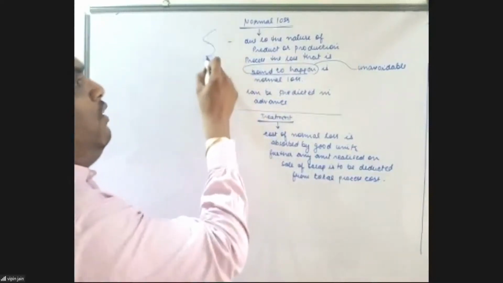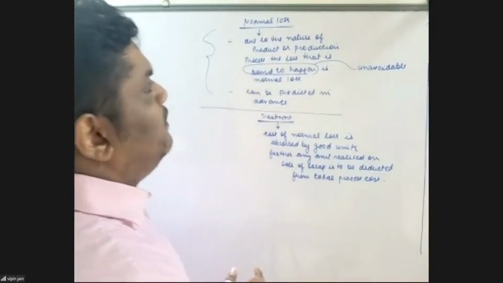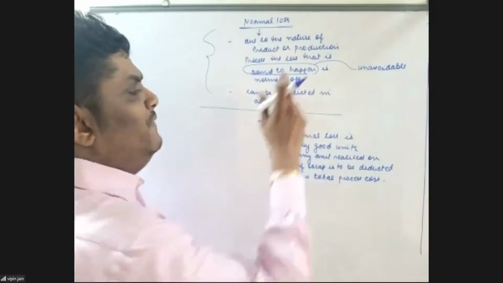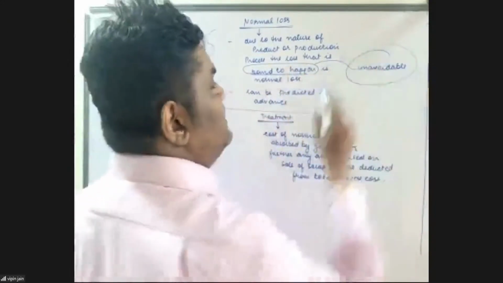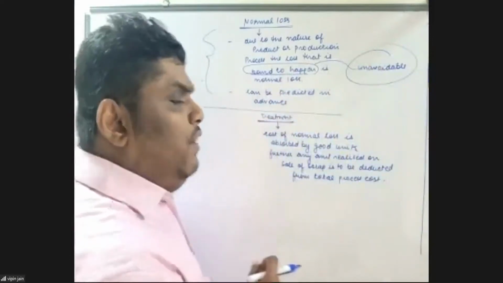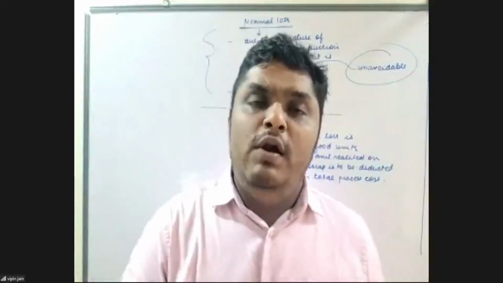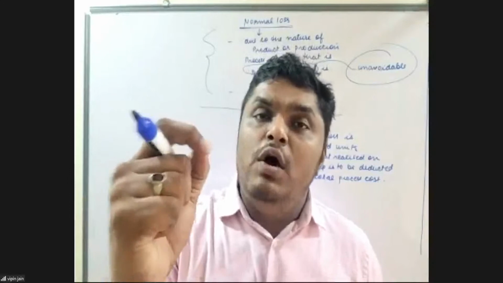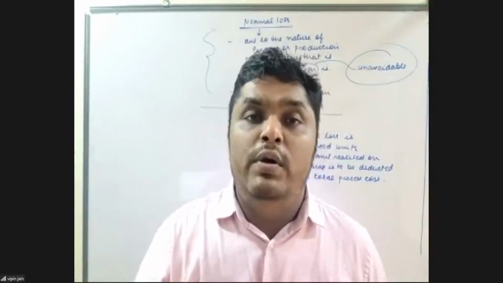So when talking about the normal loss due to the nature of product or production process, the loss that is bound to happen is normal loss. We call it unavoidable. It can be predicted well in advance. Further, when talking about the treatment of normal loss in process account, very simple guys, the cost of normal loss is to be absorbed by good units.